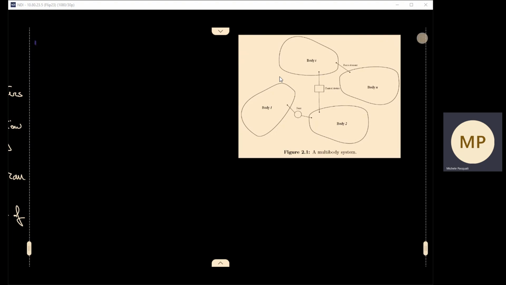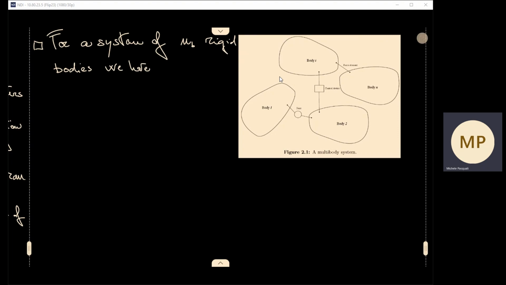Okay, so in general, what we can write is that, as is obvious, for a system of n_b rigid bodies, we have typically 6 or 7 parameters times n_b.